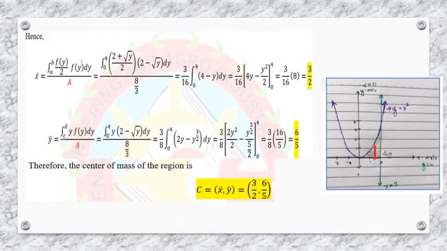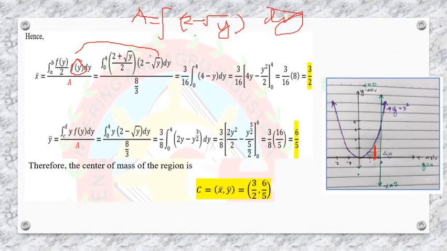Kaya set up natin sa integral. Una, area natin, ang set up natin, A is equal to the integral of 2 minus the square root of y, tapos dy.